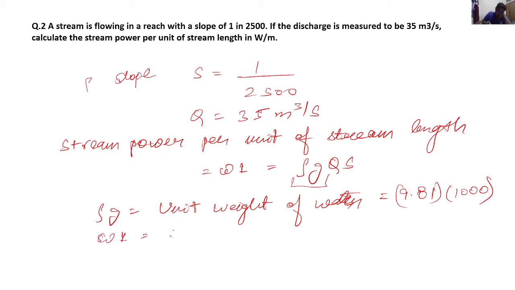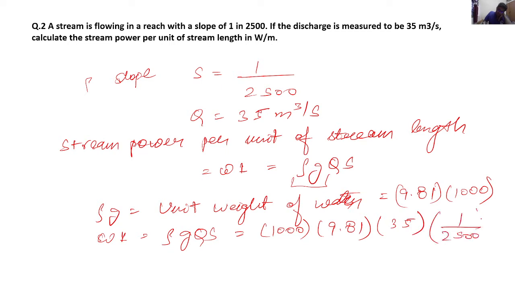Omega 1 will be rho g Q S, which is equal to rho is 1000, g is 9.81 meter per second square, Q is given as 35 meter cube per second, and S happens to be 1 by 2500. It comes out to be 137.34 watts per meter.